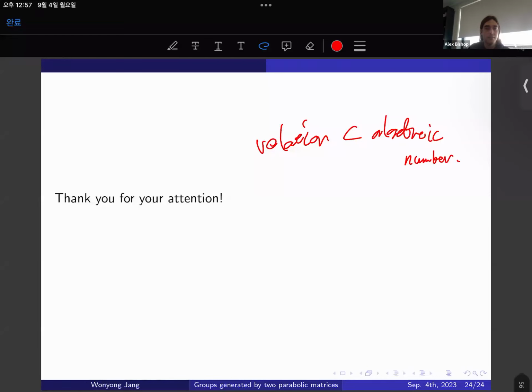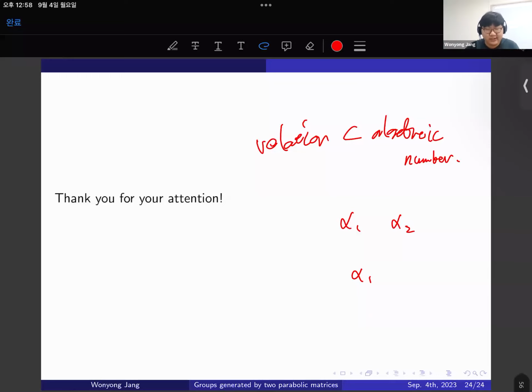I have a question. Yeah, go ahead. I wonder if you have two complex numbers, for example alpha1 and alpha2, with the same modulus, whether G alpha1 and G alpha2 have the same type. I mean, if G alpha1 is free of rank 2, whether G alpha2 is also a free group of rank 2.